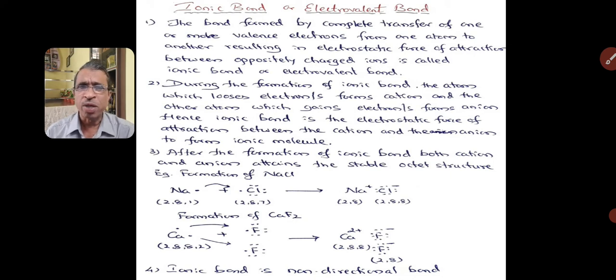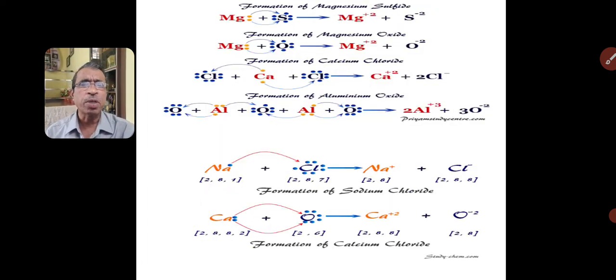And it should be noted that ionic bond is a non-directional bond because it is a Coulombic force of attraction between the two atoms. This slide also shows the Lewis dot structures of how the ionic compounds are going to be formed.